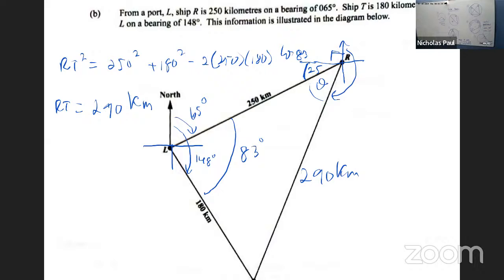We need to get here, right? That's what we need. So if we figure out here, just like the last one, we subtract from 360, or you can subtract from 270, it's up to you.